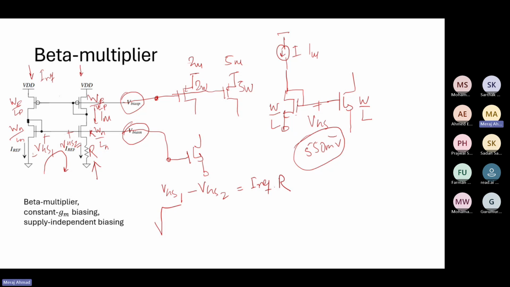From the current equation, I is equal to mu n Cox W by L times (VGS minus VT) whole square, you can extract VGS.